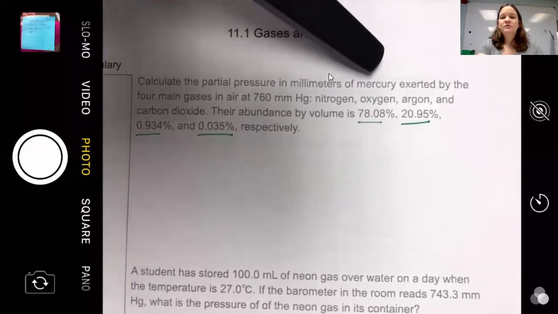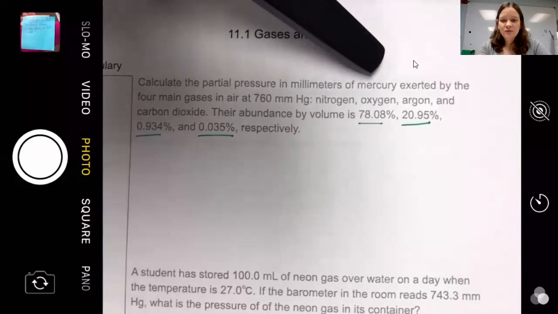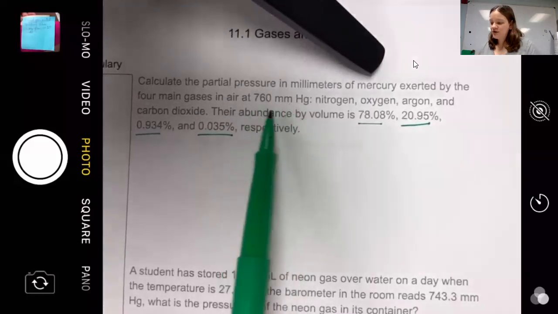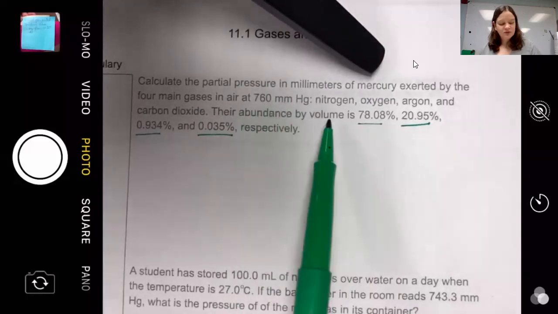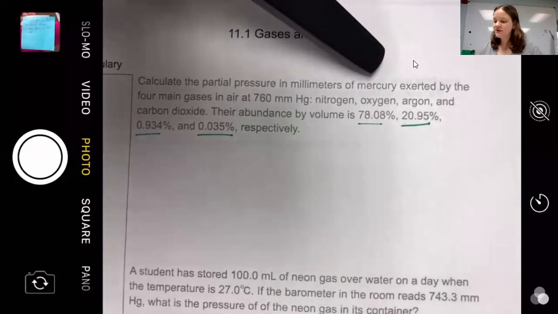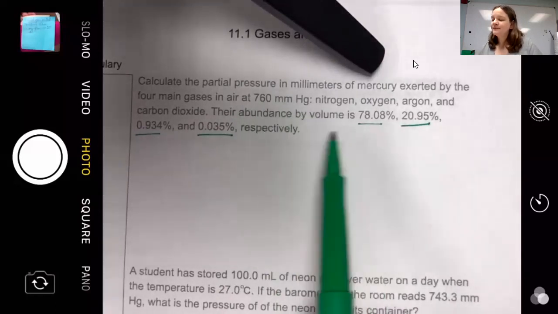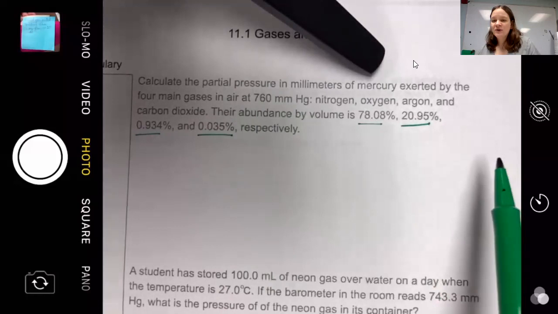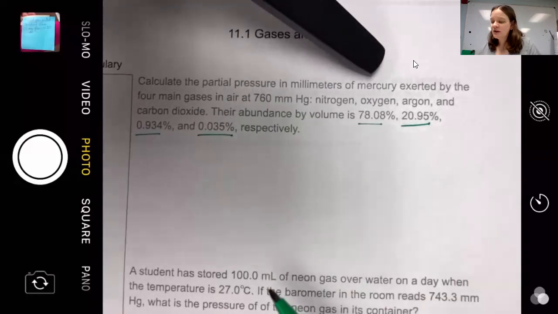Okay, so kind of what it's saying here is if the total pressure is 760 millimeters of mercury, then the percent by volume is going to determine how much pressure they're exerting.